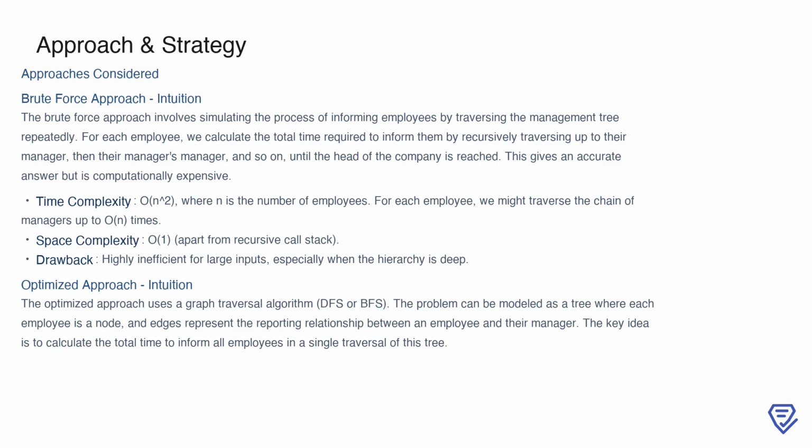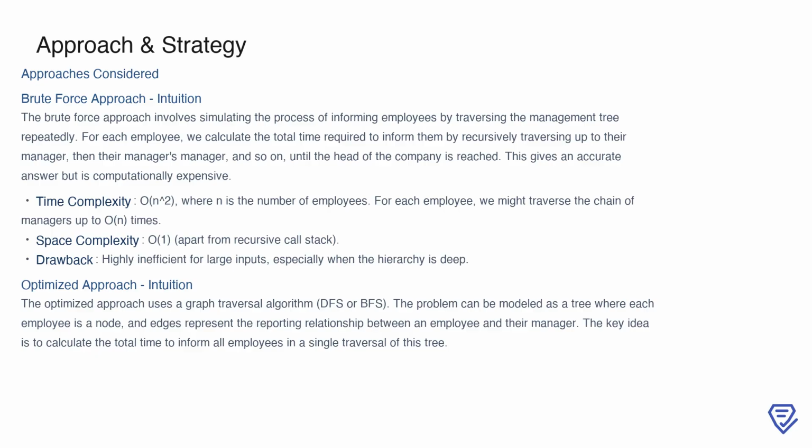While this method is straightforward and ensures correctness, it becomes computationally expensive for large organizations. The time complexity is O(n²), because for each employee, we could traverse the hierarchy of managers up to O(n) times, especially in cases with deep hierarchies. Additionally, the space complexity is O(1), excluding the recursive call stack.